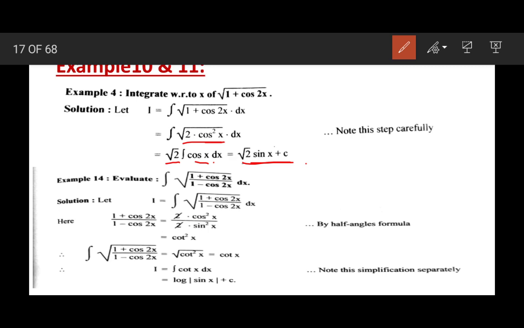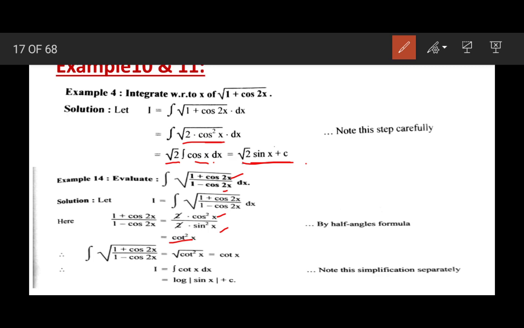Similarly, see here, integral of under root of (1 plus cos 2x) upon (1 minus cos 2x) dx. Here I am going to use the formula in numerator as well as in denominator. So it will be 2 cos square x upon 2 sin square x. So 2 cancels, so that is equal to cot square x.